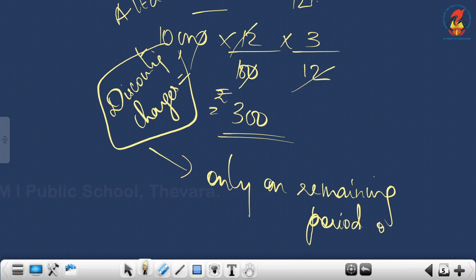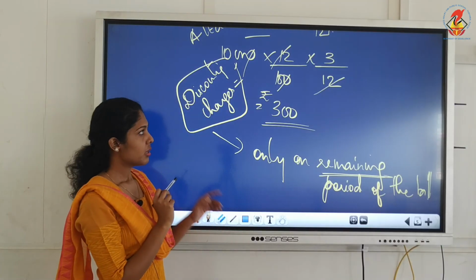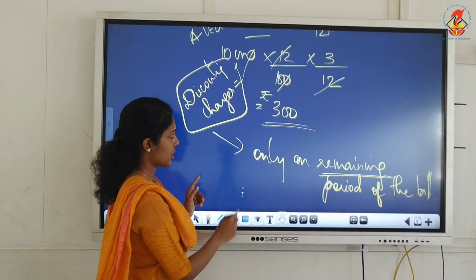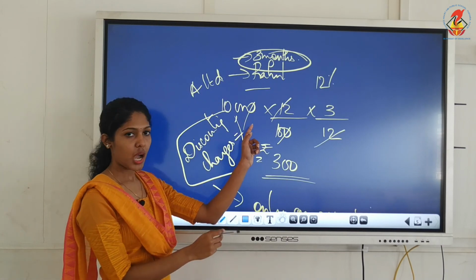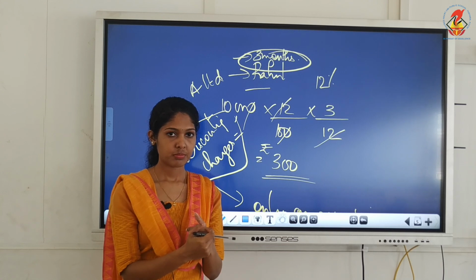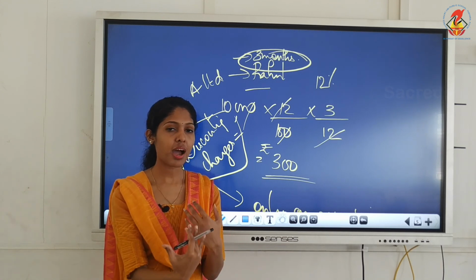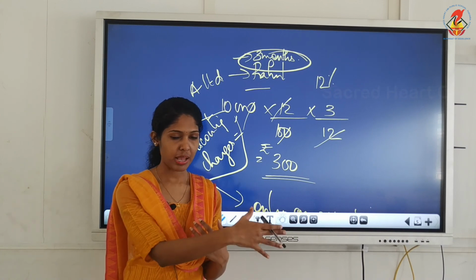What is the meaning of remaining period of the bill? That also you have to consider. Meaning is, suppose we discounted this bill with the bank only after 1 month. Okay, today we got the bill from Rahul, but only after 1 month we are discounting this bill with the bank.